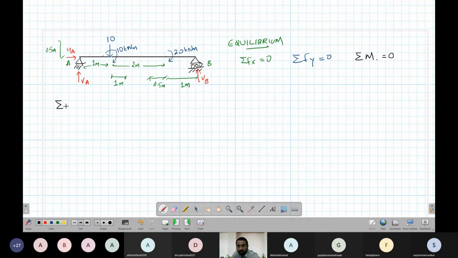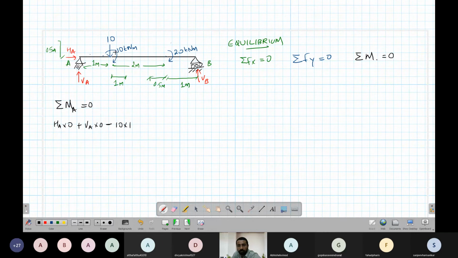Let's say summation of moment about a point. Let's say A, I'll take A equal to 0. So that means HA times 0 plus VA times 0 plus 10 times 1. It is trying to rotate in clockwise direction about this point, so it is minus 10 times 1.